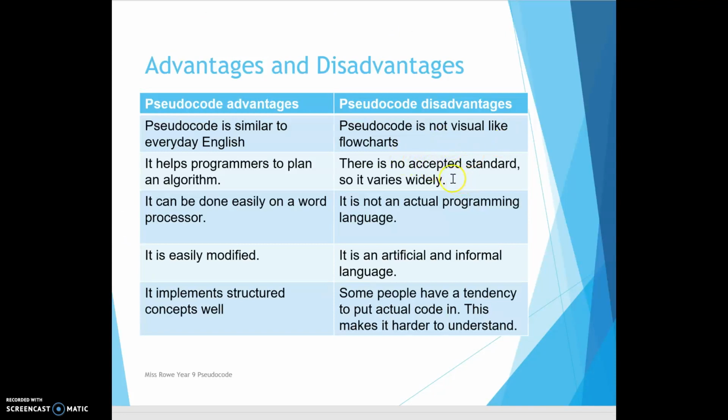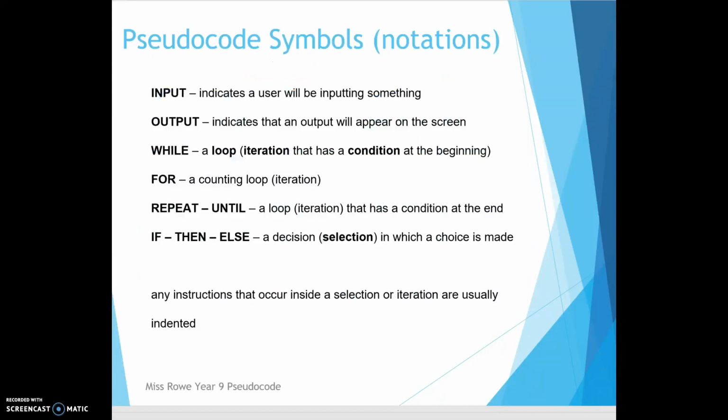There is no accepted standard, so it varies widely, which is obviously referring to the exam boards, for example. They're all different. It is not an actual programming language. It is an artificial and informal language. Some people have a tendency to put actual code in. This makes it harder to understand. So make sure you've got those points in your book. I'll just keep it on for a little bit. You can always pause the video anyway.